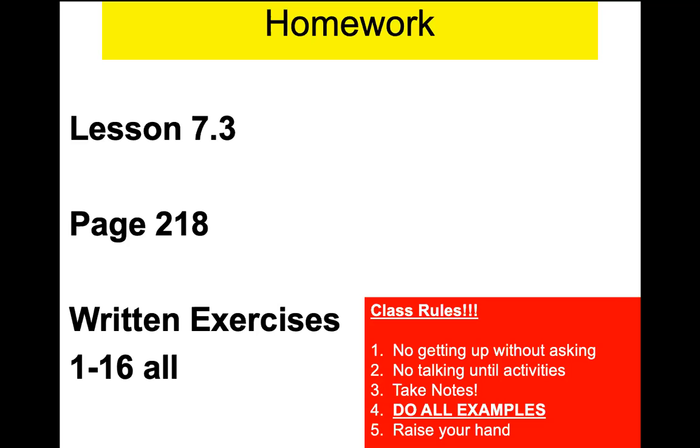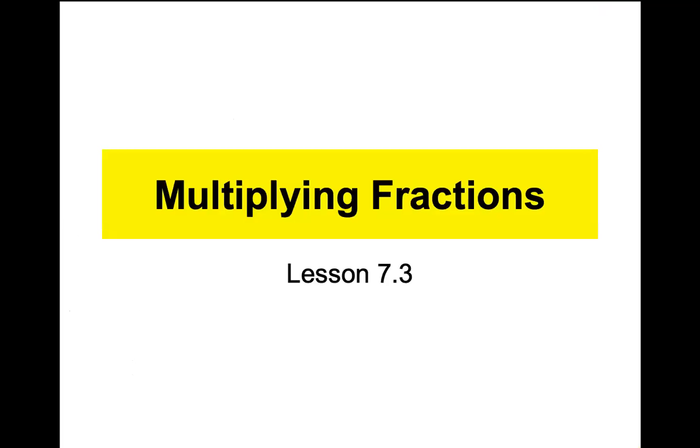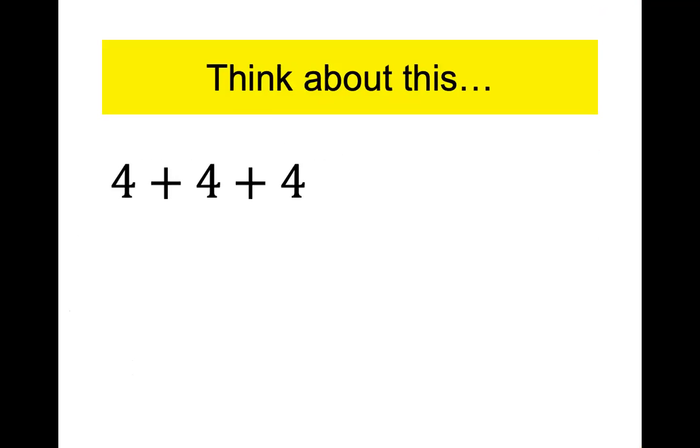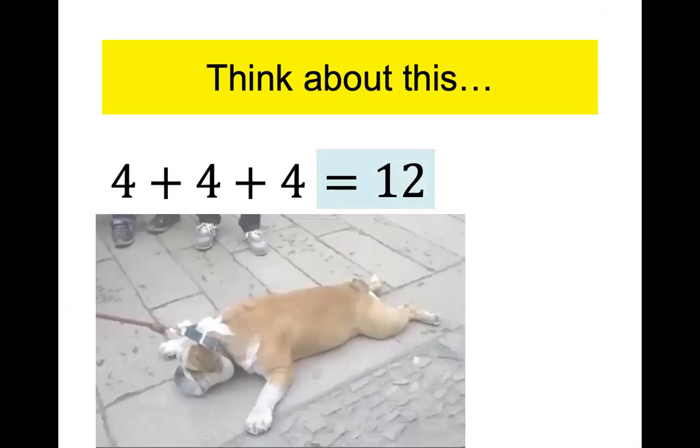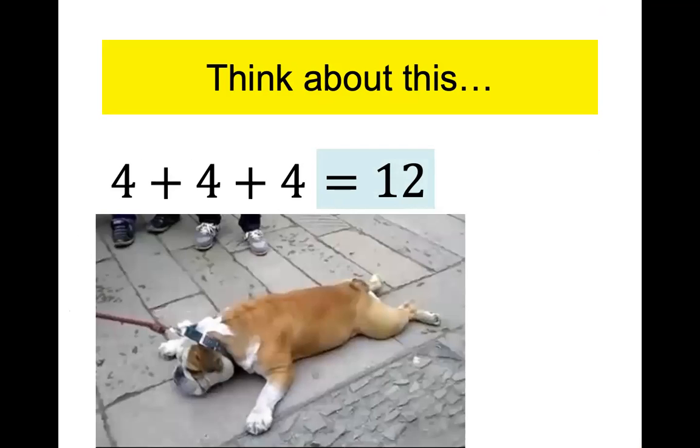All right, here we go. Multiplying fractions. Think about this. 4 plus 4 plus 4 is 12. A long time ago, mathematicians said we are lazy. I mean, we are efficient, and there is an easier, simpler way, not of doing the math, but of writing the math.